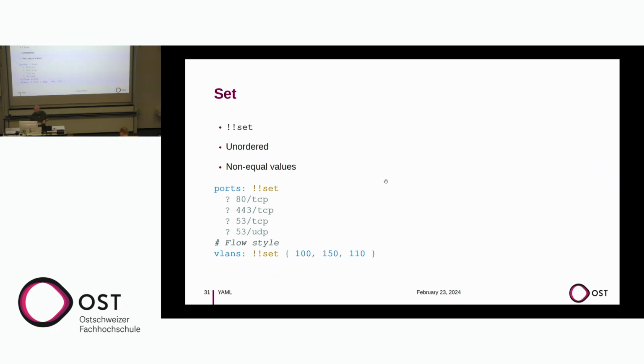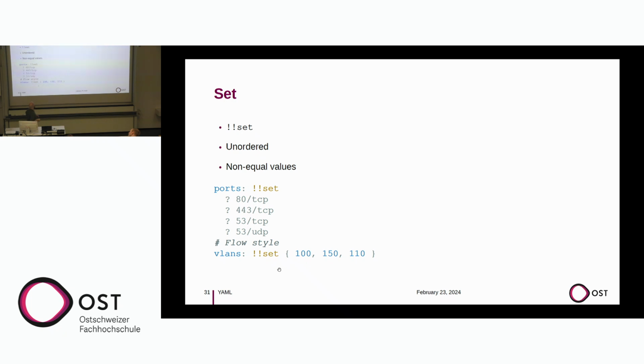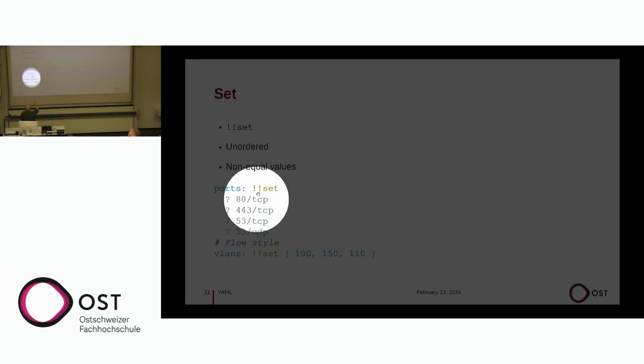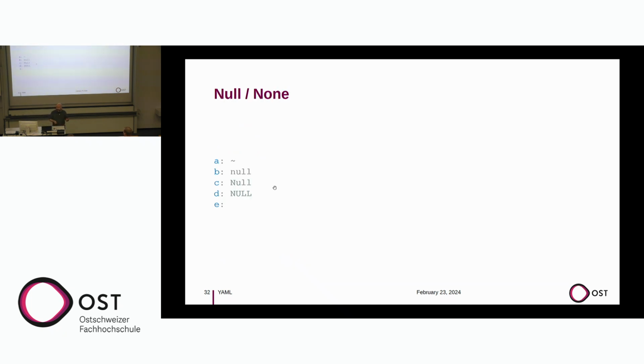We can also use set. Here is the only time we explicitly need to say this is a set, because there is no other way to define a set. If we want to define a set and not a list, we can do that. Null, we have 5 different ways to define null.